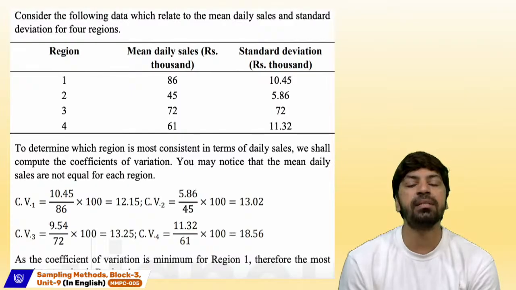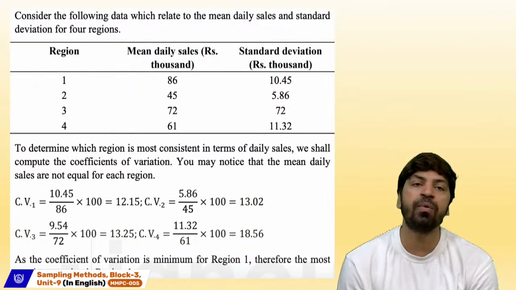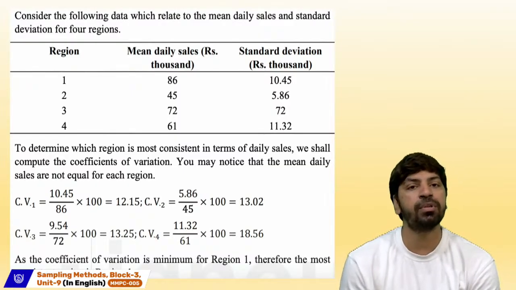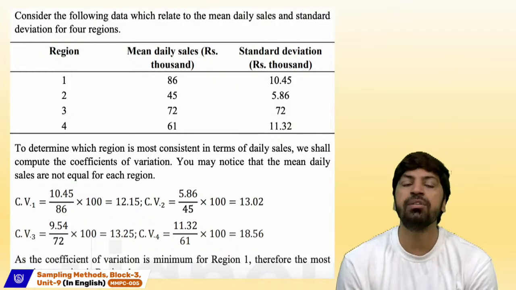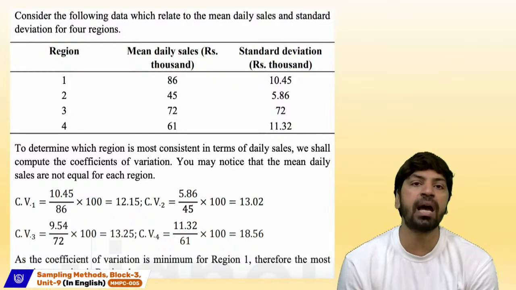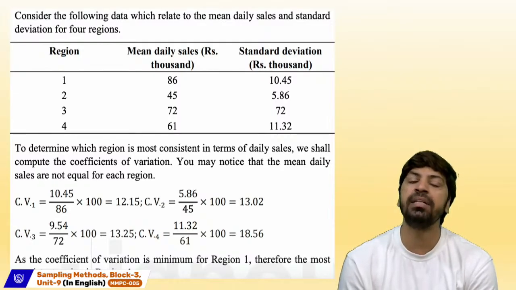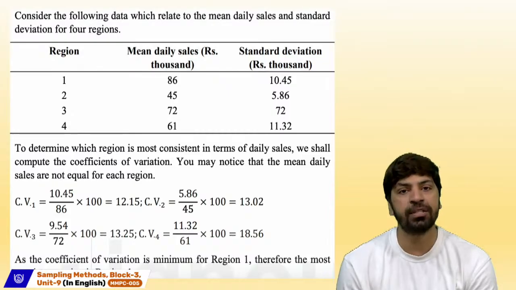So let's consider one example to understand the concept of coefficient of variation. Consider the following data which relate to the mean daily sales and the standard deviation for four regions.